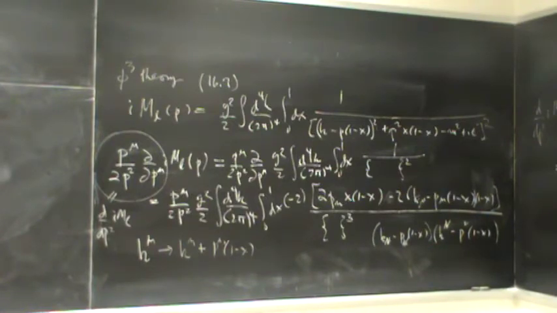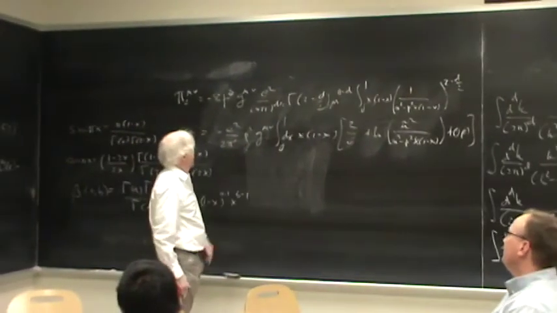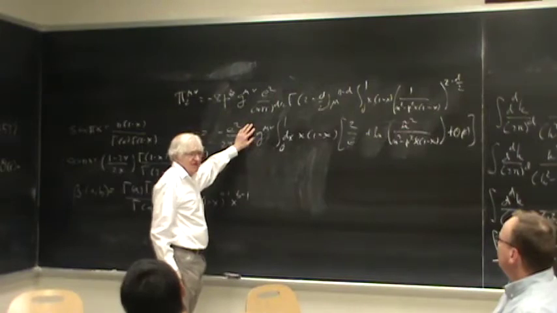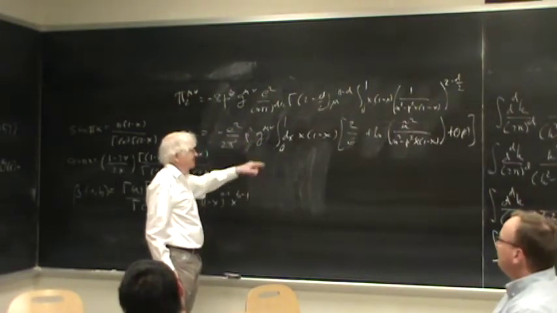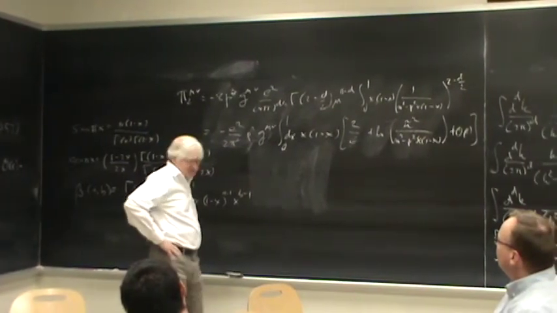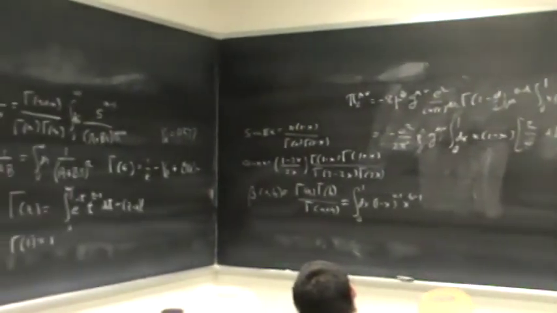Well, I don't know. This funny expression is just d by dp squared. Right. So d by dp squared, you get something non-zero here. And then you still have the 2 over epsilon. So, nice try.